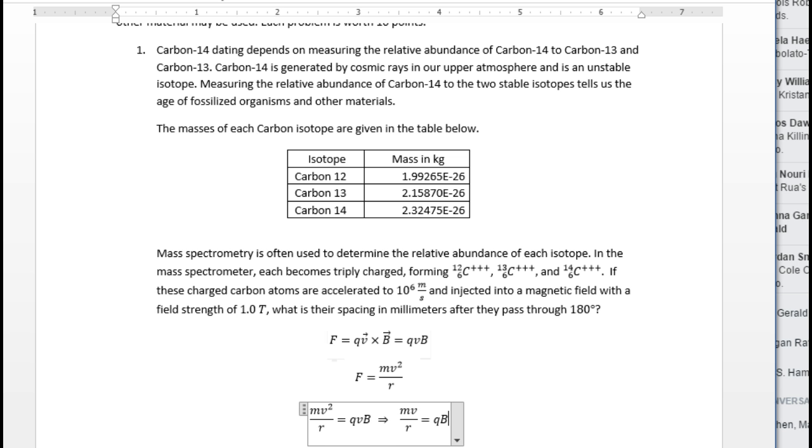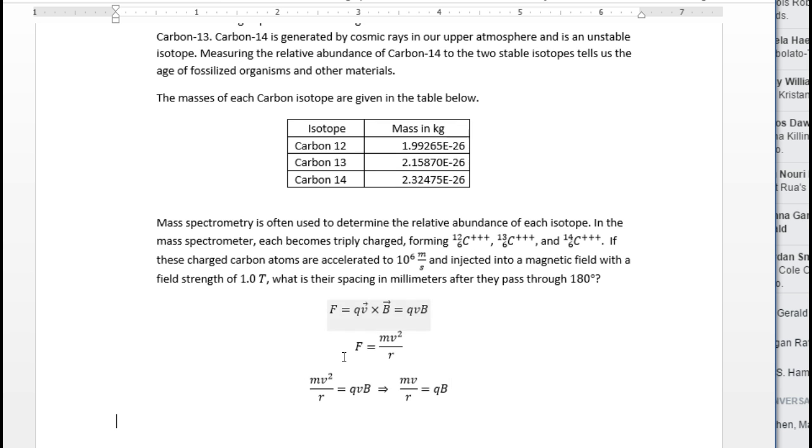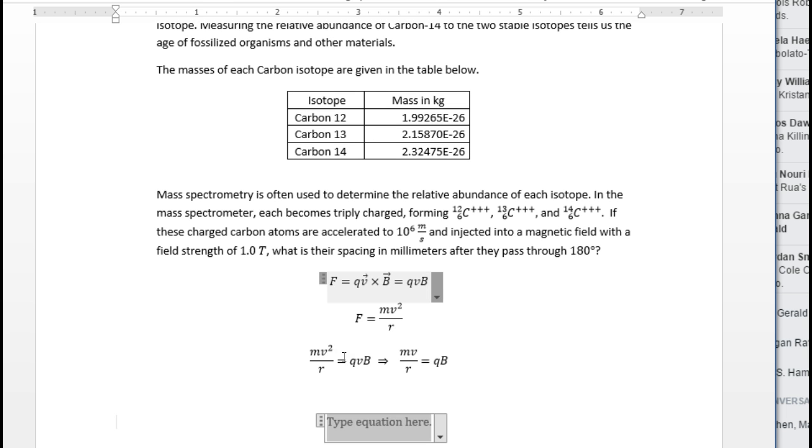The quantity we're interested in here is the radius. These charges are going to be going in a circle due to the magnetic field, and the radius of the circle that they go in is just given by mv over qB.